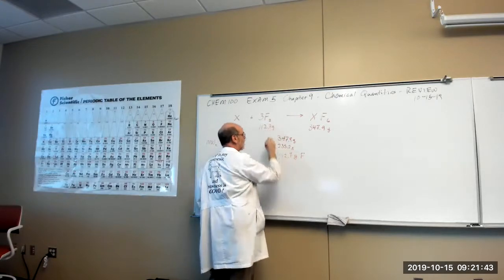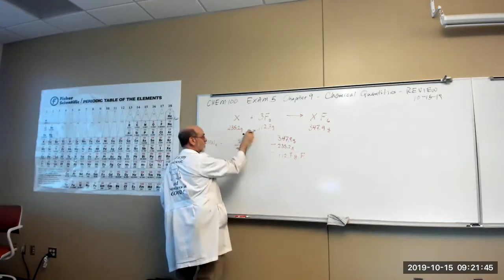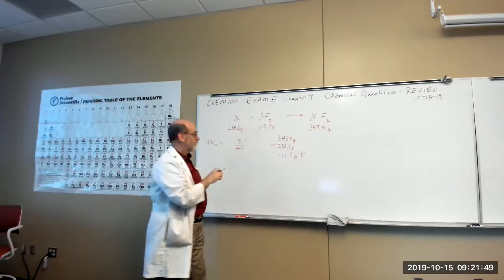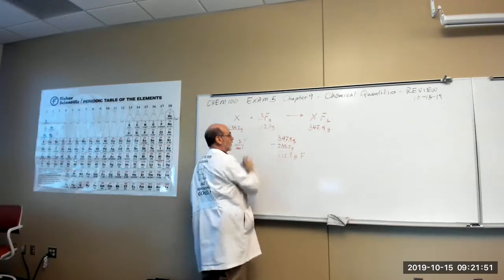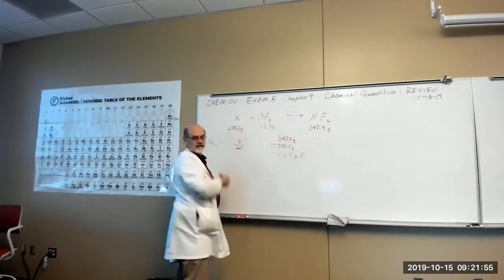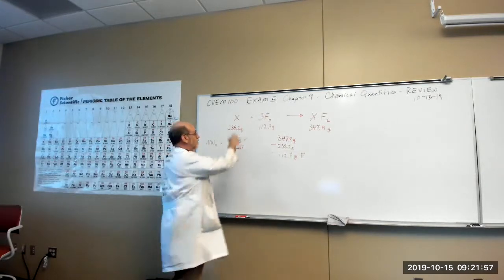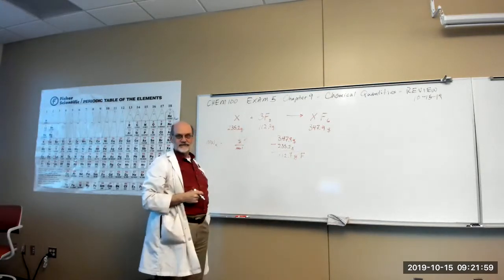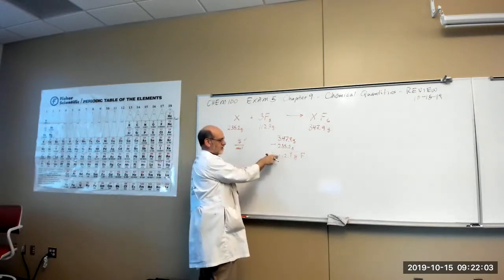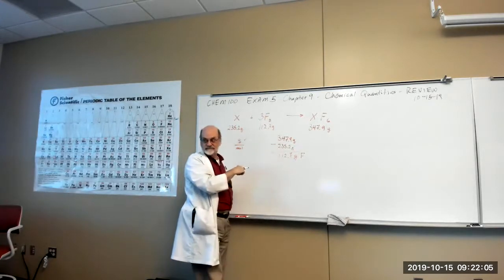Right? Because if you add these together, it better be that much. So now we know how many grams of fluorine there are. We can find out how many moles of fluorine and then figure out how many moles of X. Okay? That's the trick to this problem. Finding out what that is.